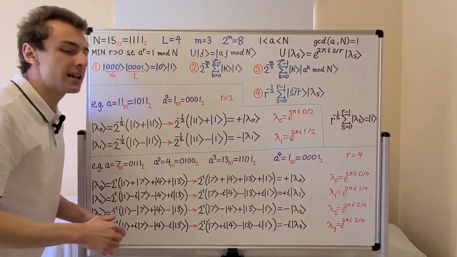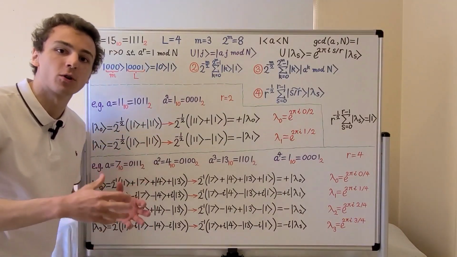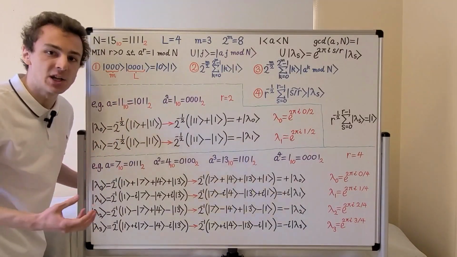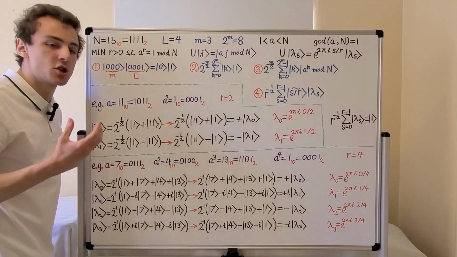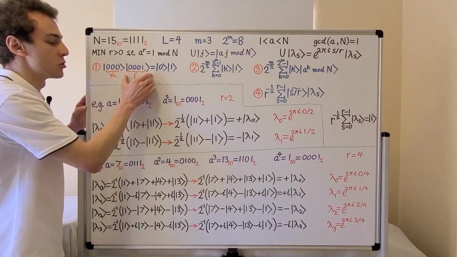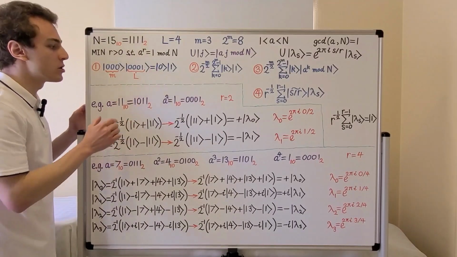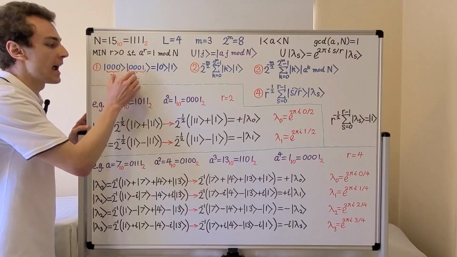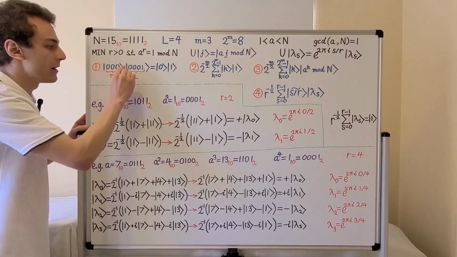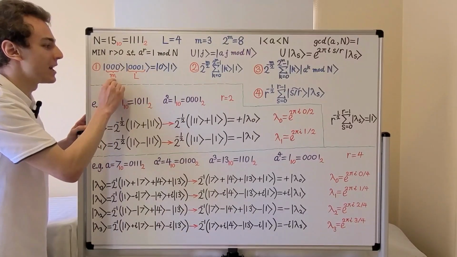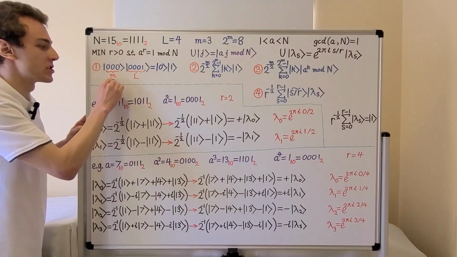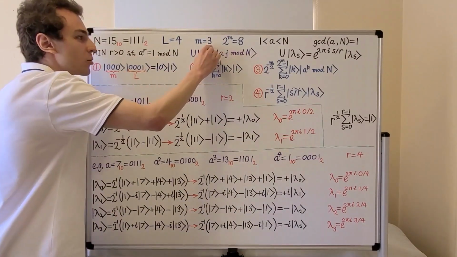So now let's have a look at step 1 of the quantum order finding subroutine. Step 1 is initialization. We're going to initialize 2 registers. This is register 1 and this is register 2. By convention, we're going to write register 1 on the left and register 2 on the right. Register 1 has m entries over here, so that means that there are m qubits in this register, and we're choosing that to be 3.